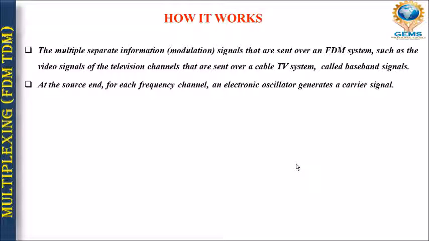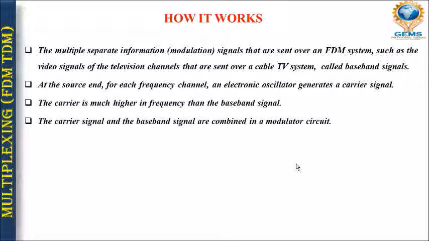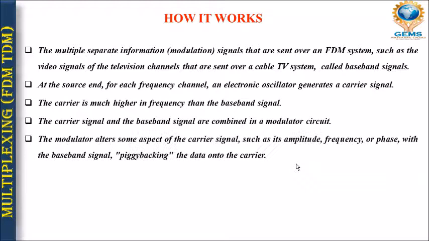The carrier has a higher frequency than that of the baseband signal. It is very much obvious. In the modulator circuit, we combine the carrier signal with the baseband signal so that it is easily transmitted from source to destination. The modulator alters some aspects of the carrier signal, such as amplitude, frequency and phase, with the baseband signal.